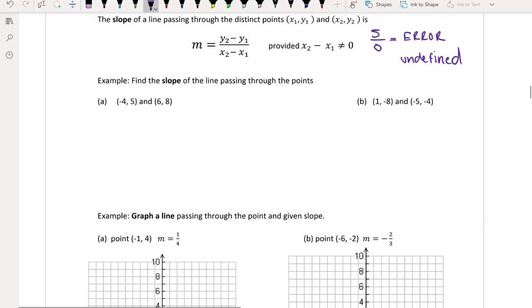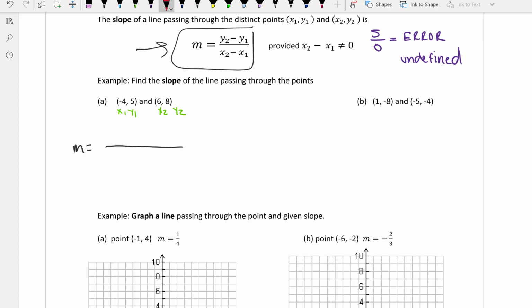So here, the first example, it says find the slope of the line passing through these points. So I'm going to go ahead and label these. I'm going to say this is x1 and y1, and this is x2 and y2. So now I'm going to plug it into this formula. So m is going to be equal to, I know that I have subtraction in between, so my y2 value is 8 and my y1 value is 1.